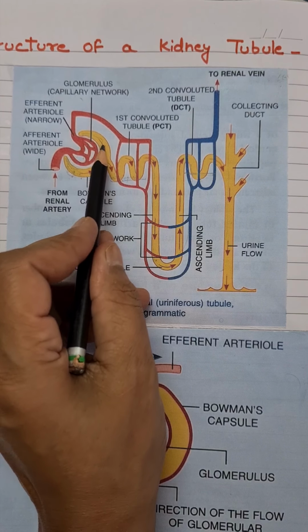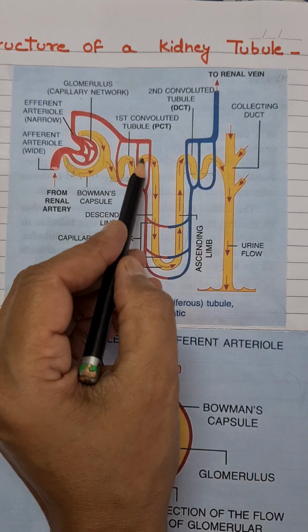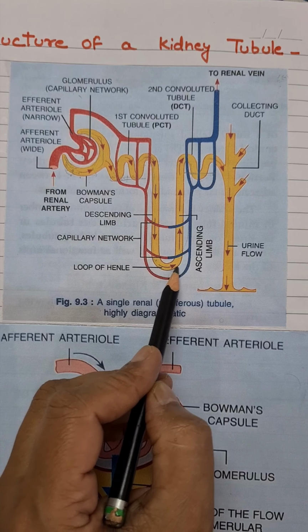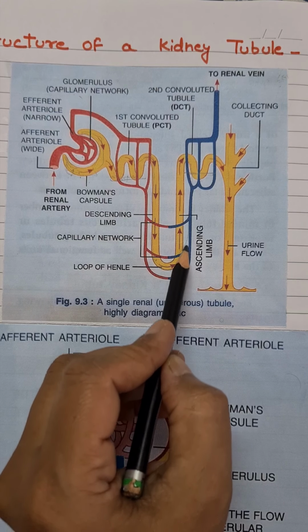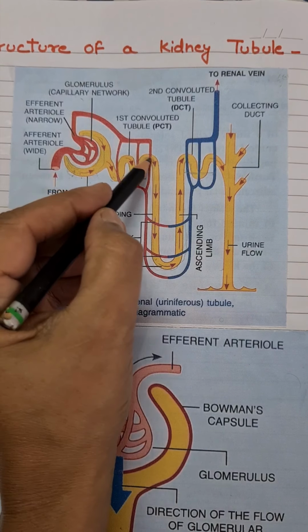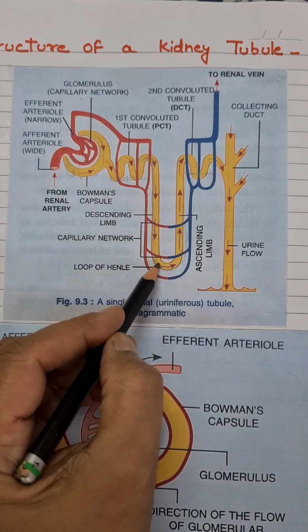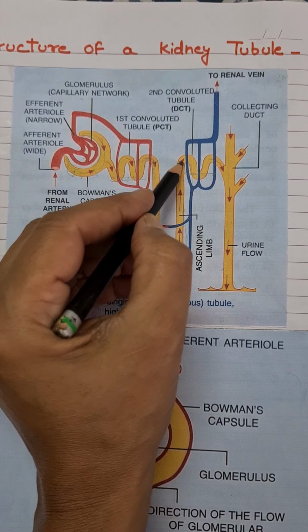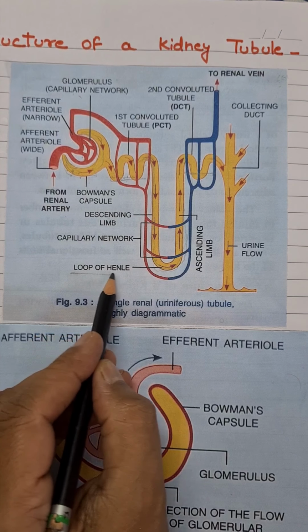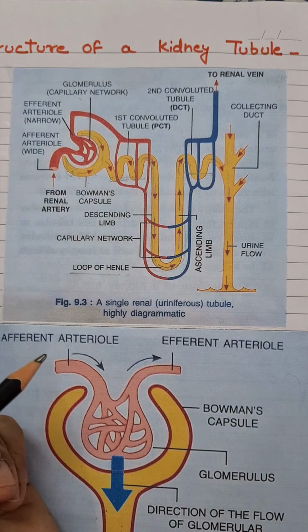Now the next part, we start from PCT, then it runs down towards the medulla part of the kidney, and then again comes back. So this hairpin like structure which first moves down to the medulla and then again returns back to the cortex is called the loop of Henle.